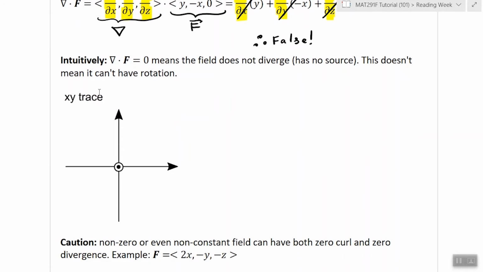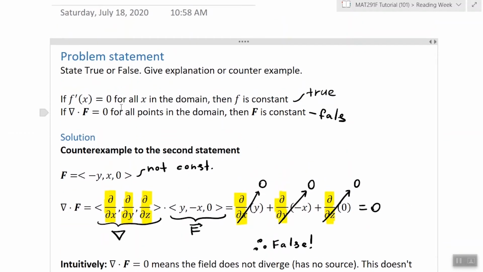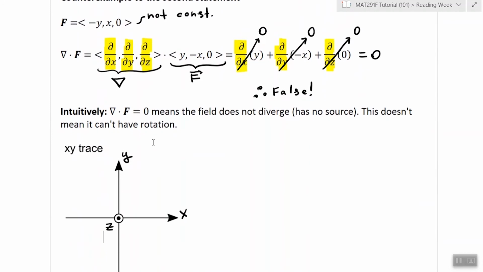Let me sketch the xy trace so you see what I mean. The z component of this vector field f is 0. Let me actually copy this vector field here. We have vector field f equals negative y, x, 0.